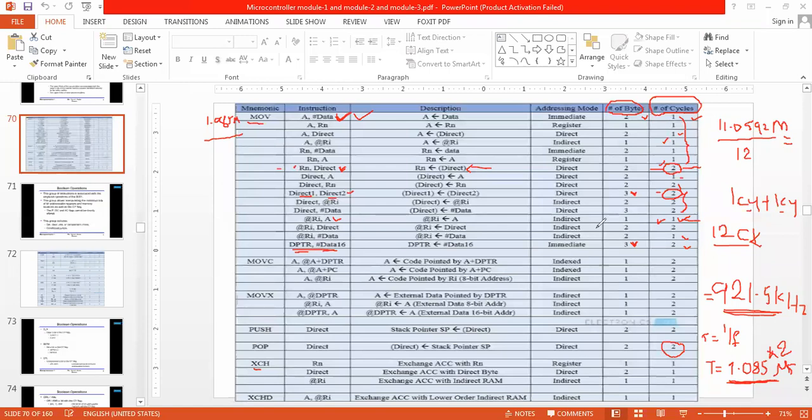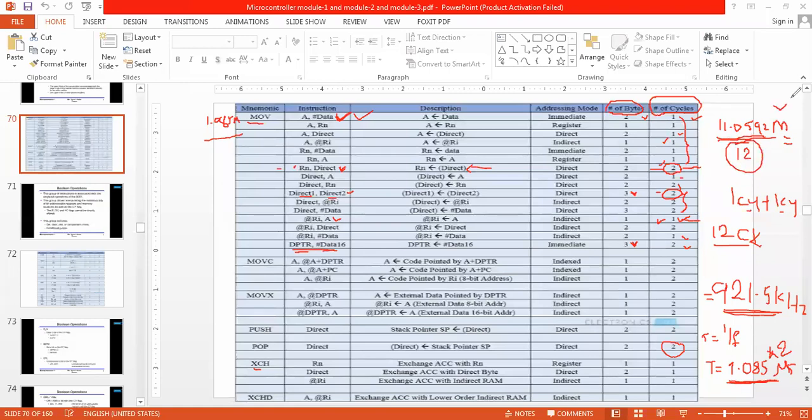It is a very simple concept here. I have a crystal frequency connected, 11.0592 megahertz. Out of that, one machine cycle, that is one instruction, is executed within 12 clock cycles.